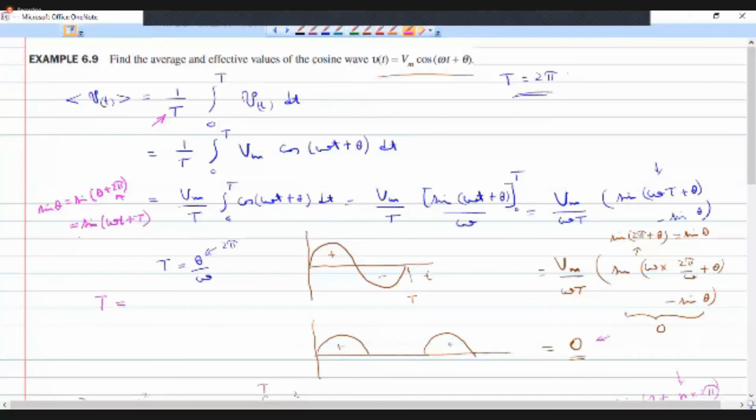That is how we have written it. When I take out omega from here, it will be t plus t by omega, like that we have written here. So this corresponds to our theta. That is how I have written this: t is equal to theta by omega, where theta is equal to 2 pi because it is periodic with period 2 pi.